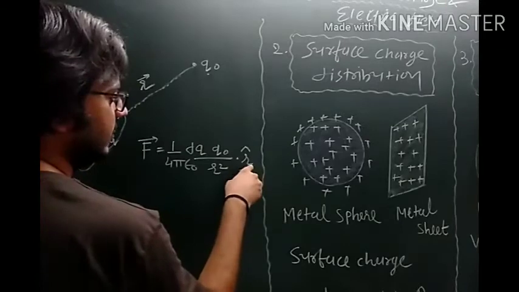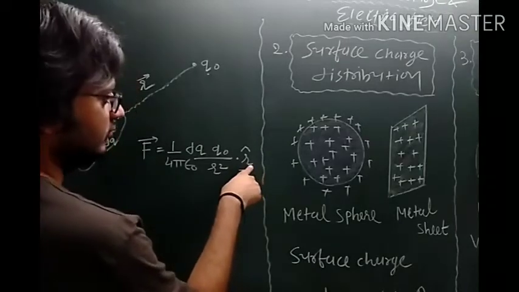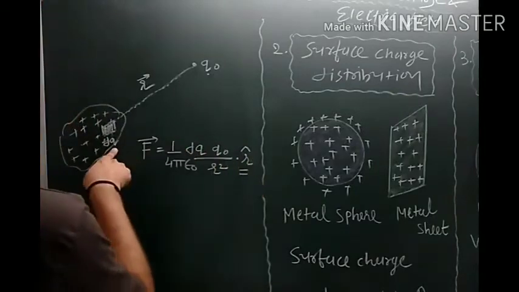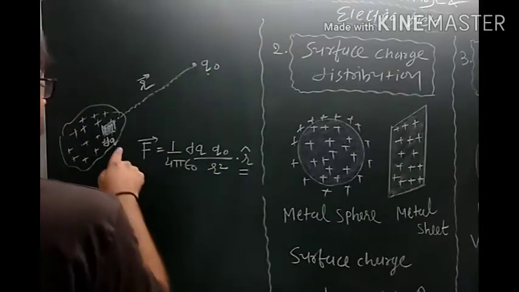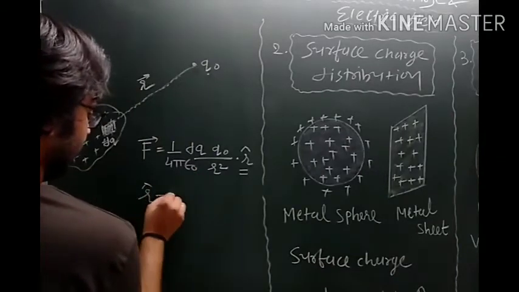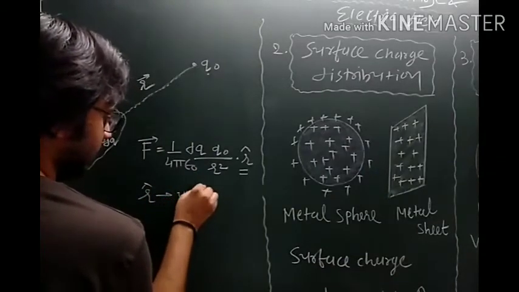R cap is nothing but the unit vector which gives the direction from dq to q0, or towards q0. R cap is a unit vector.